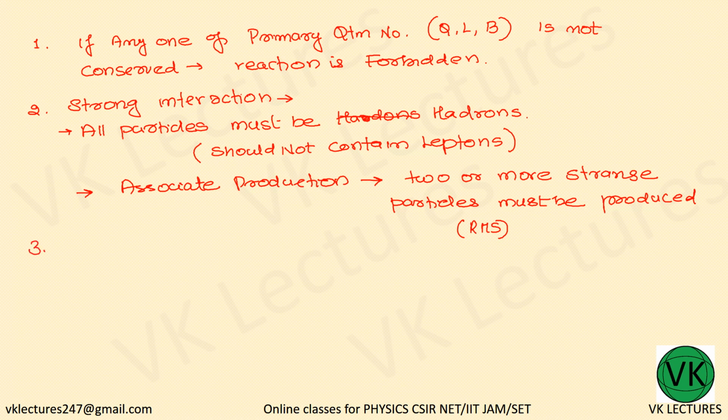Coming to the electromagnetic interaction, if a photon is present, it is EMI, electromagnetic interaction. The photon is given by gamma. Another method to check whether it is EMI is whether a particle and antiparticle are present.